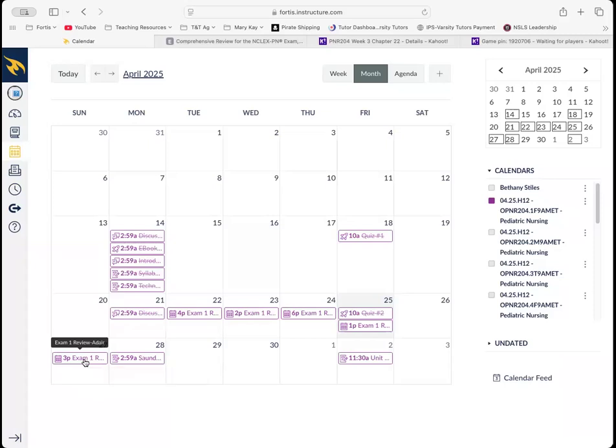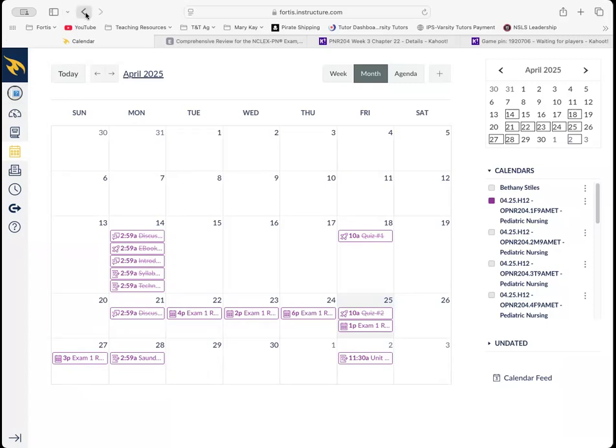If you are looking at your course calendar and it does not say what I just said, make sure you check your time zone and make sure that it is set correctly. So our classes default to Pacific Standard Time. So if the times on your calendar look funky, make sure that you are double checking your time zone. That will fix your calendar so that it matches your time.